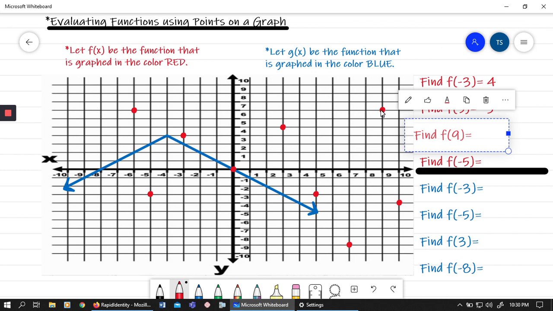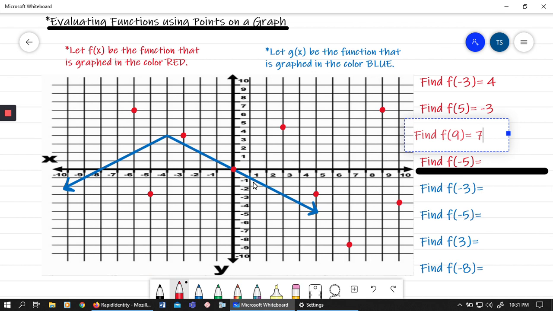Which means that for f of 9, the y value there is 7. The y value is 7 when the x value is 9 for the red points.